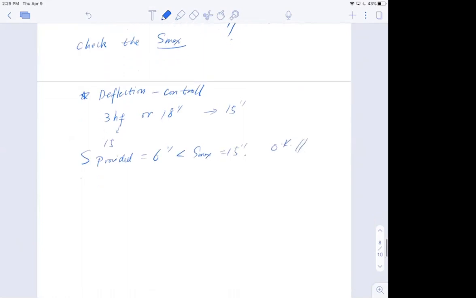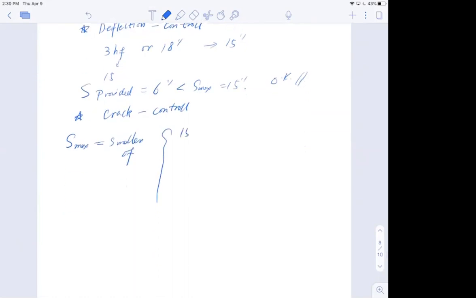Okay, and also now crack control. S max equals the smaller of 2 equations: 15 multiplied by 40,000 divided by fs, minus 2.5 cc. So let's bring a number in. This is 15. This is 40,000.